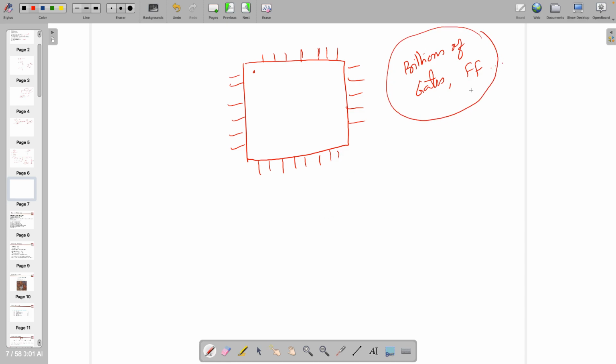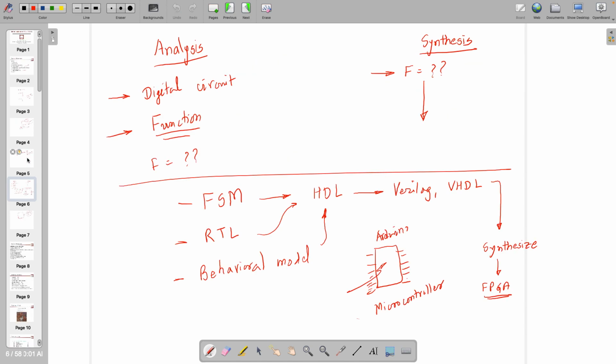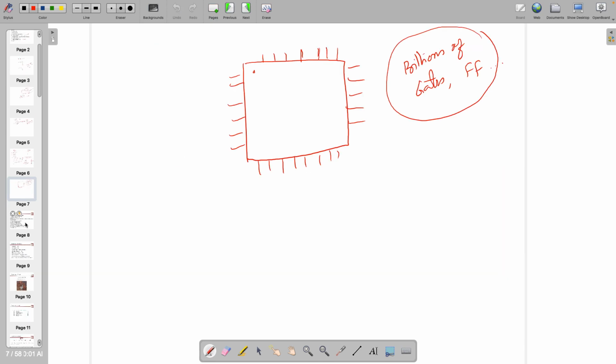Which gates and which flip-flops have to be selected for your given function, finite state machine, or behavioral model will be done through various algorithms of floor planning, placement, and routing.